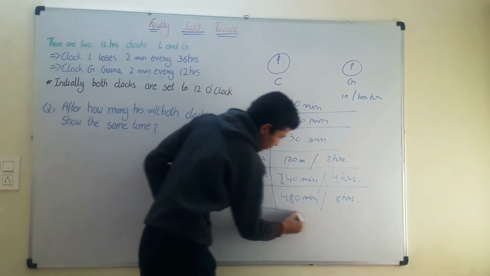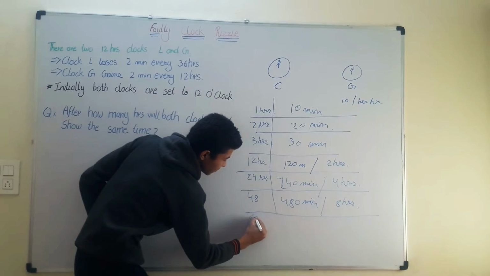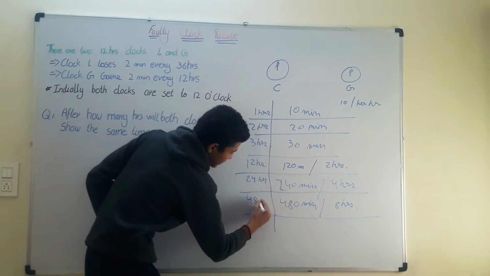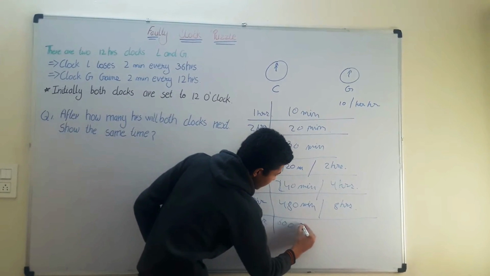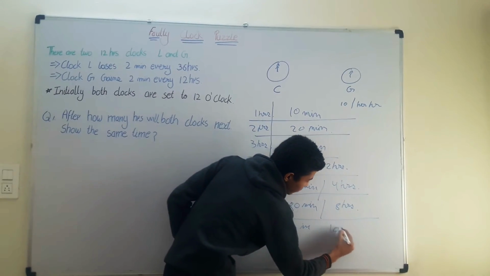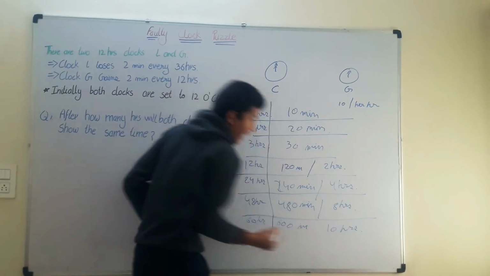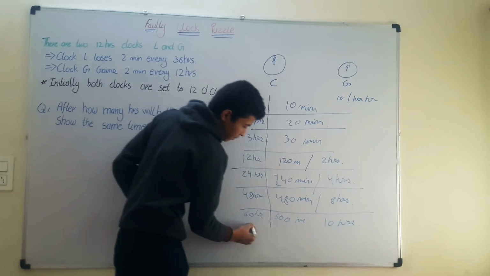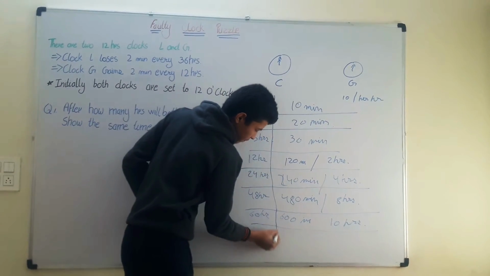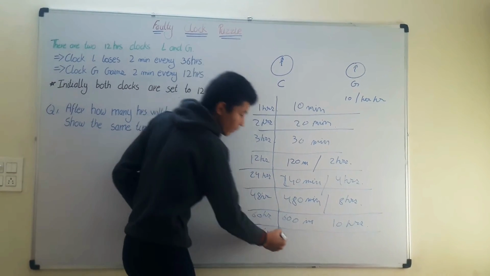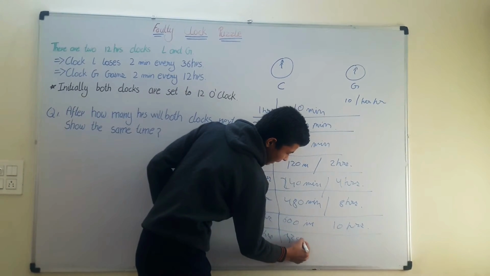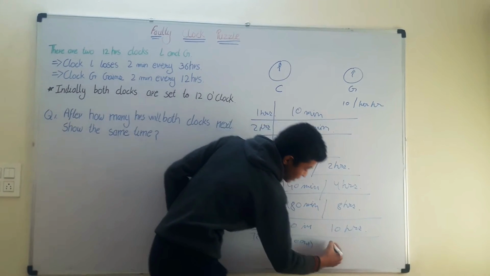Then at 60 hours, it would be 600 minutes, that would be 10 hours. And in the same way, if we go further, at 72 hours, it would show 720 minutes, that is 12 hours.